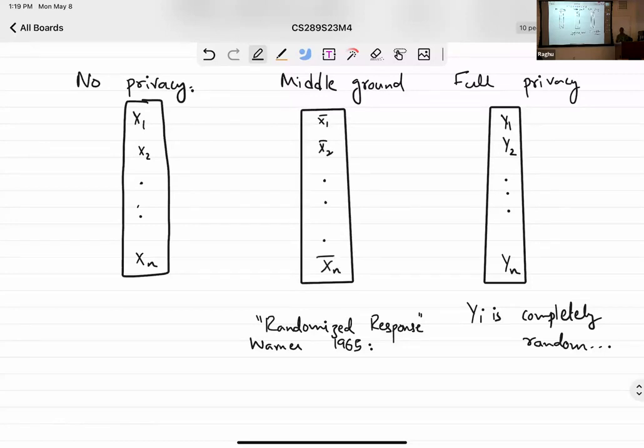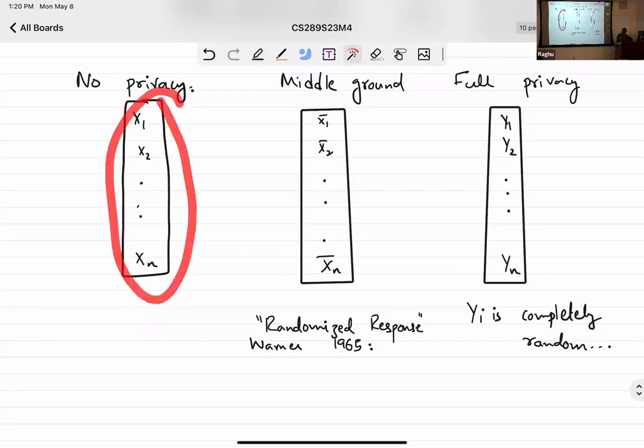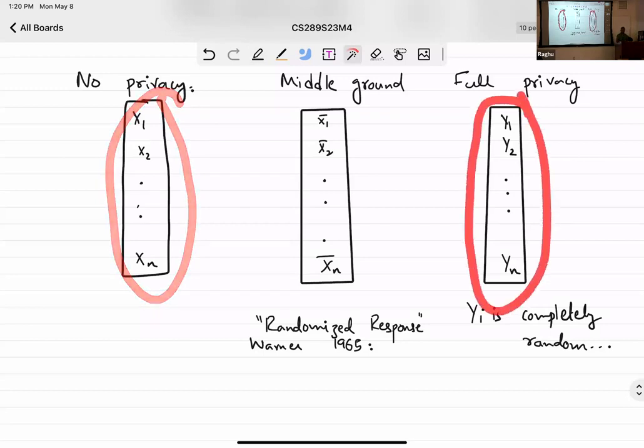I'm going to release something that looks like this. I'm the survey company. I ask each person whether they like this candidate or not. But then with some probability, I'm just going to throw that answer away and output garbage. It's basically interpolating between full no privacy and completely random values.